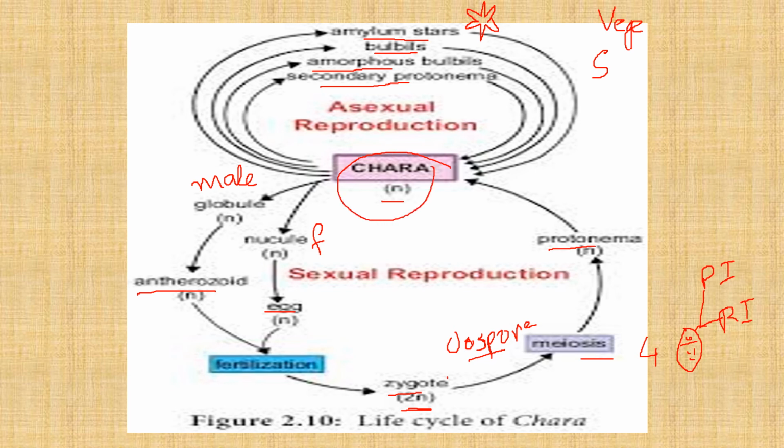So this is all about the life cycle of Chara, but one thing that is most important is that the entire life cycle of the Chara plant is dependent upon the availability of water and sunlight intensity.